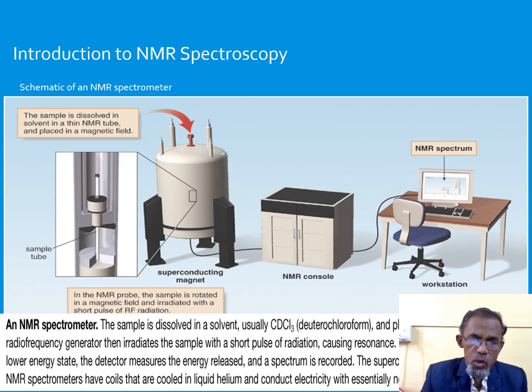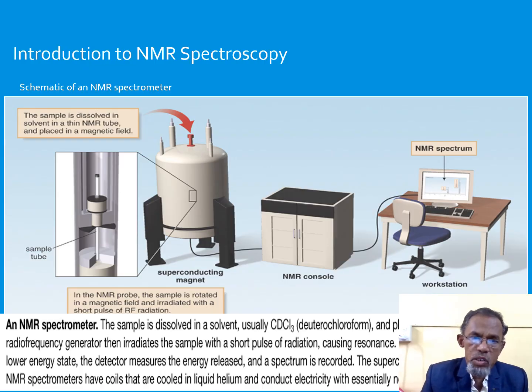In an NMR spectrometer, a sample is dissolved in a solvent. Usually we use CDCl3, that is deuterated chloroform, and we apply the radio frequency generator, which irradiates the sample with a short pulse of radiation, causing resonance.